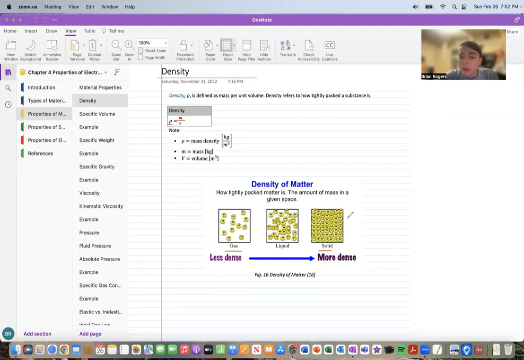And so we can see that there's more mass here. We have more of these happy faces. So it's going to be heavier. Whereas this gas is going to be lighter. It's less dense. There's less happy faces within this square. And so that's what the equation's trying to tell us: how much mass do we have for the volume that we are working in.